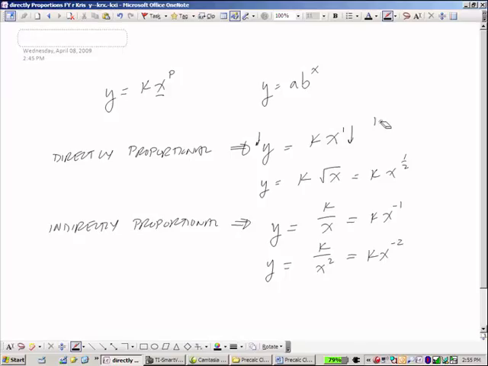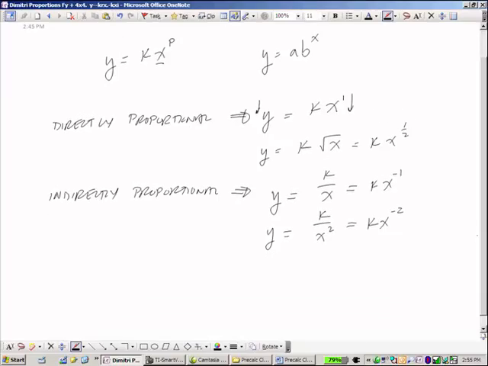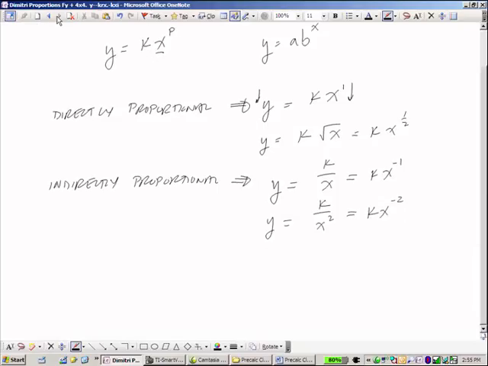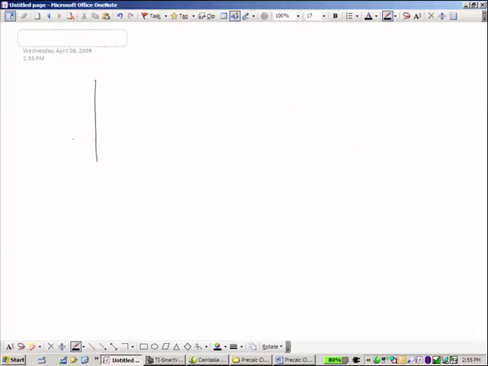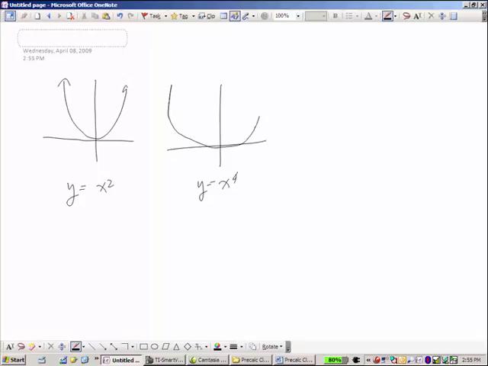So what do some of these functions look like? Well, if we look at power functions, we have a whole host of values for k and p. If we just look at y equals x squared, it's going to look something like that. y equals x to the fourth is going to look something like that.